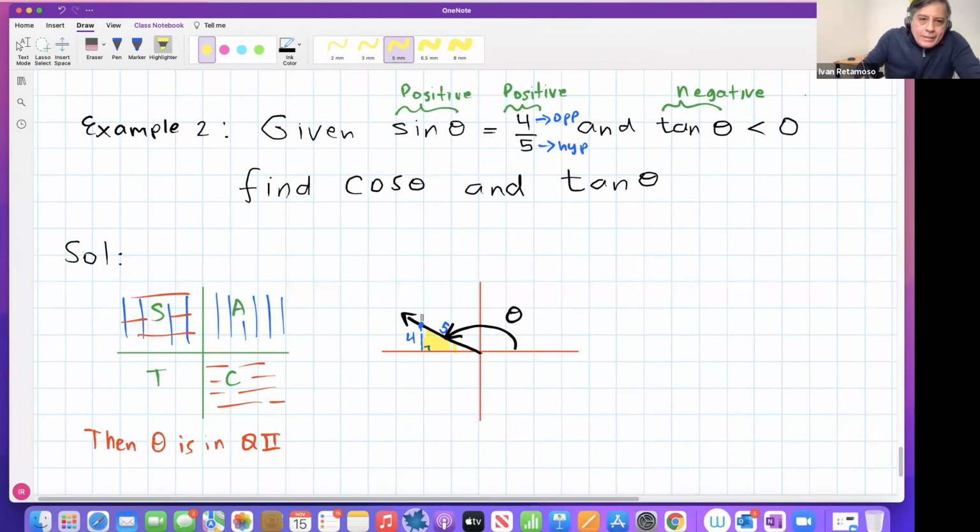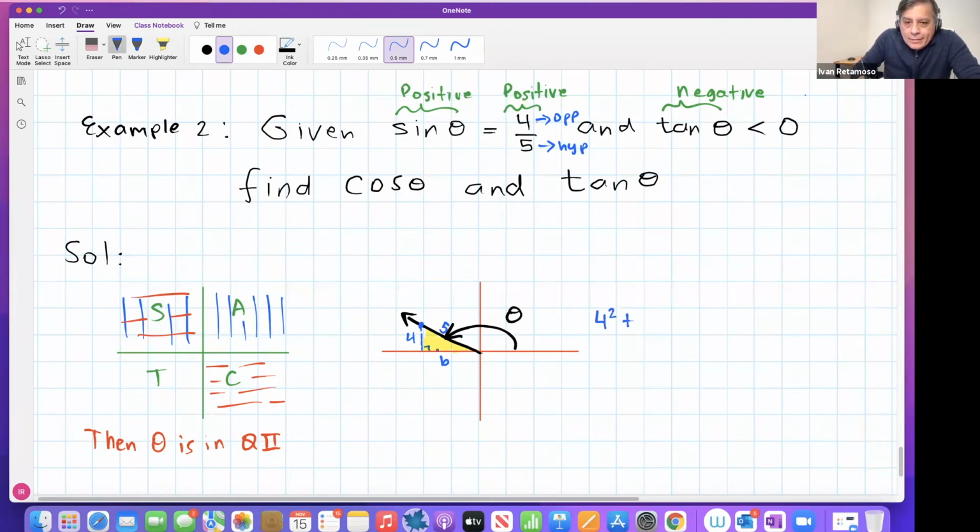Now, in that triangle, I don't have the base, but that shouldn't be a problem because I can complete it by saying this could be B. Don't worry about the signs, because with All Students Take Calculus we will find out the sign of the trigonometric function.